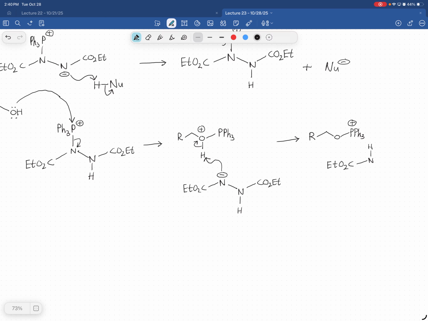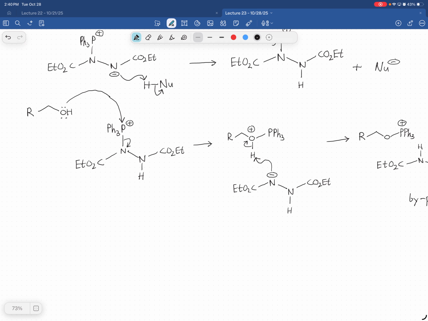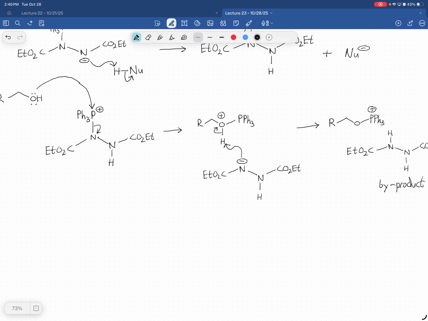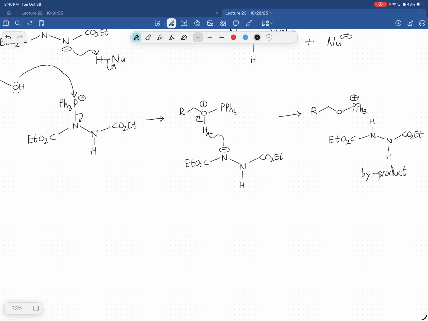All right, so now these nitrogens have the capacity to do a lot of hydrogen bonding, so you can easily wash this away from your product. Okay, so that's easily separated, so this is a byproduct. All right, so that's the end of the third step. The alcohol attacks, and now you're ready to actually do the substitution.